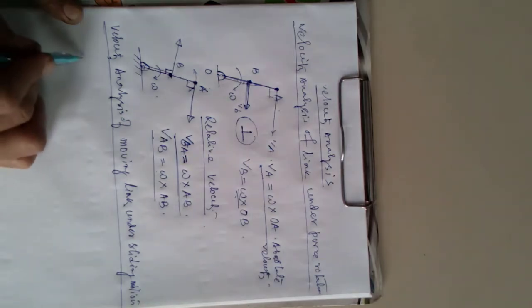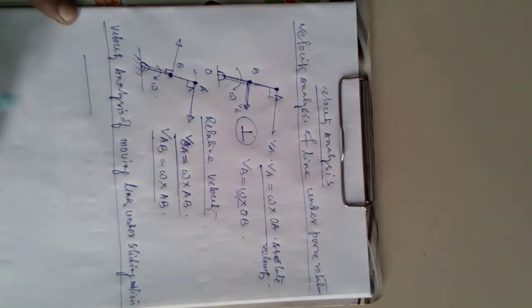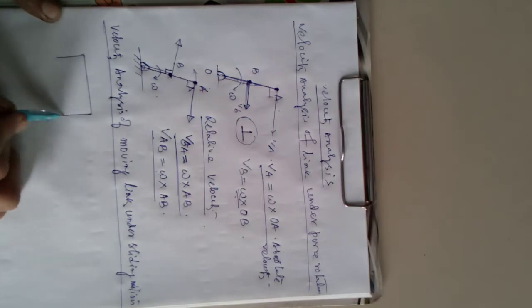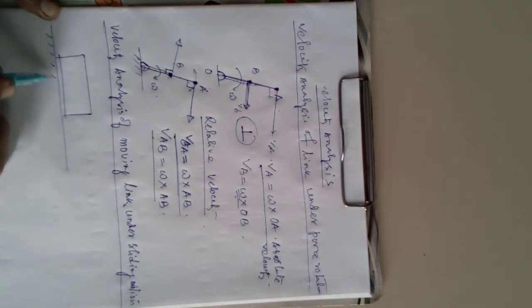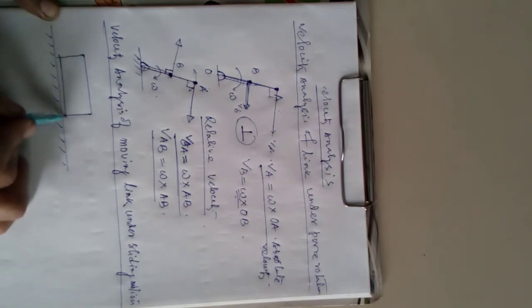Suppose this is a link, and under sliding motion, suppose that is fixed and that is a moving link.